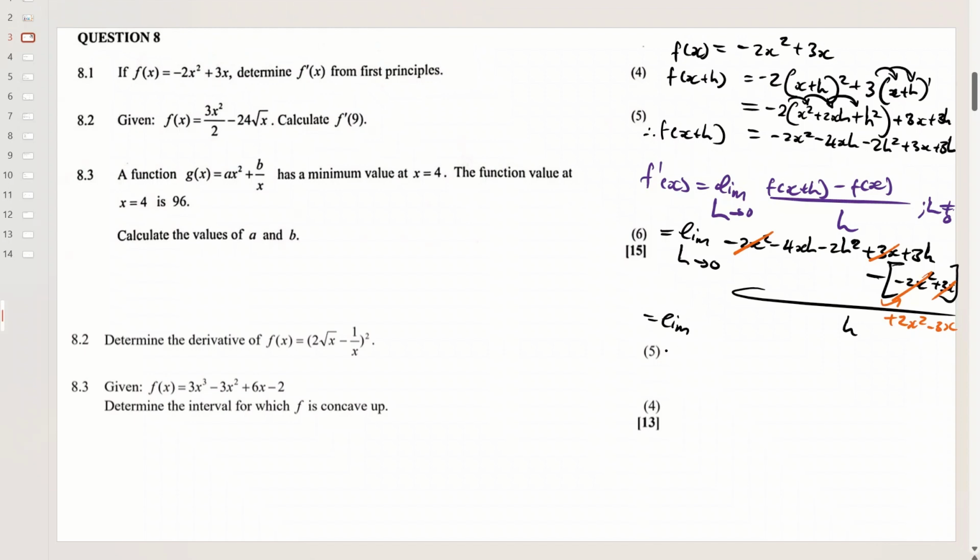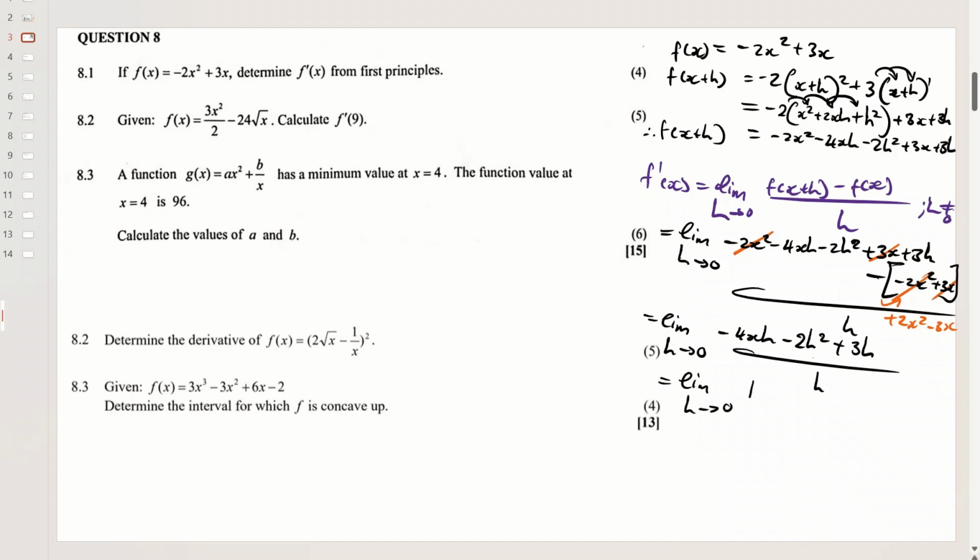So now this is the limit as h approaches 0 of negative 4xh minus 2h squared plus 3h. You see, h is common everywhere, guys. So after that step of eliminating the terms, make sure that your numerator has h common everywhere. You must have h everywhere. So that's the magic of this first principle, guys. It is the magic.